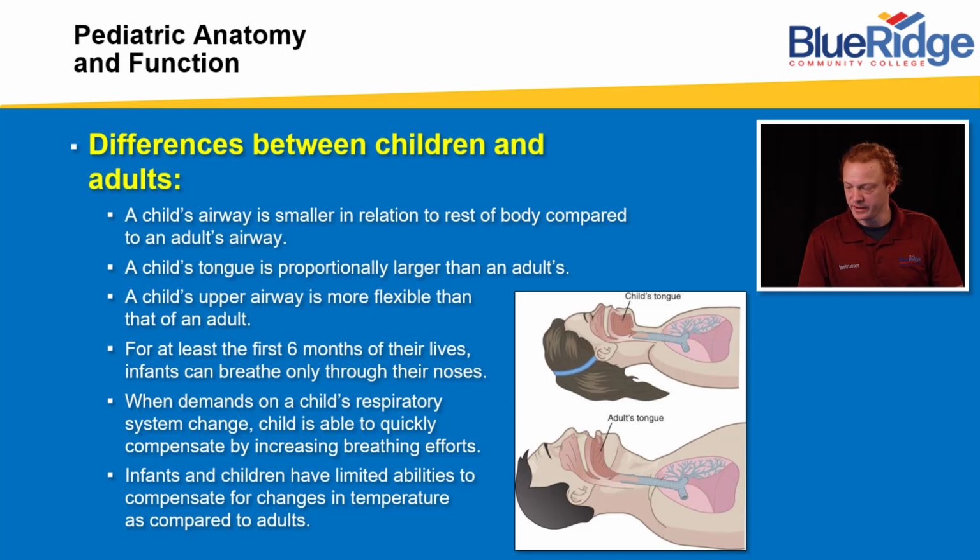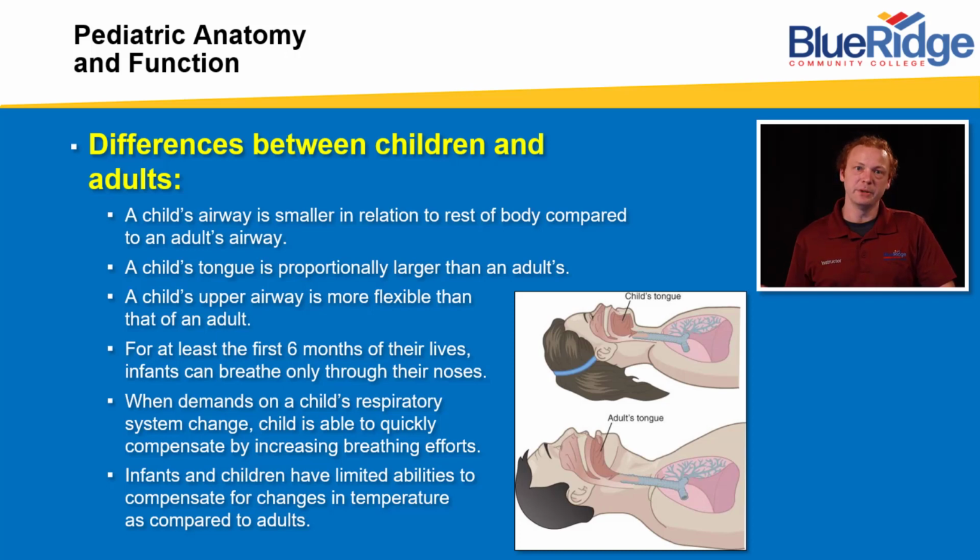Infants and children have limited ability to compensate for changes in temperature as compared to adults. Rapid changes in temperature in children is one of the leading causes of febrile seizure activity. Children also lose heat relatively quicker than adults do, so keep pediatric patients warm if they become chilled.